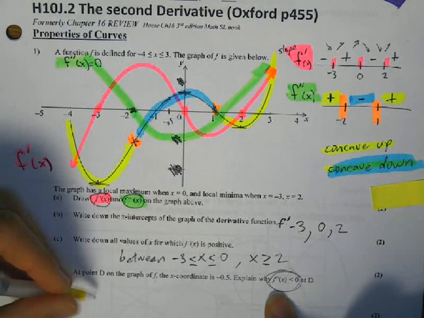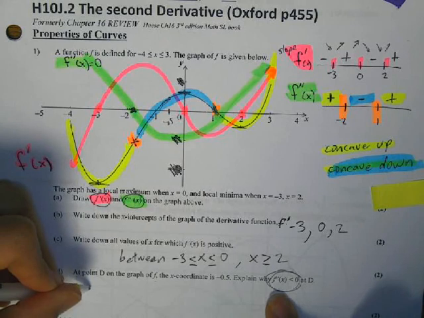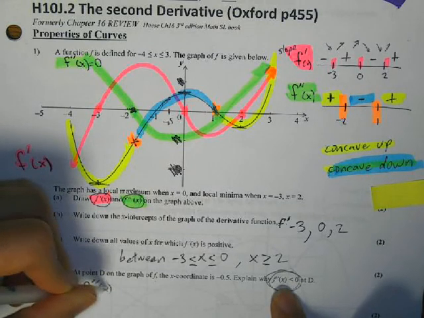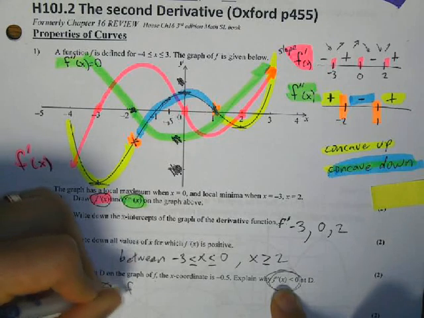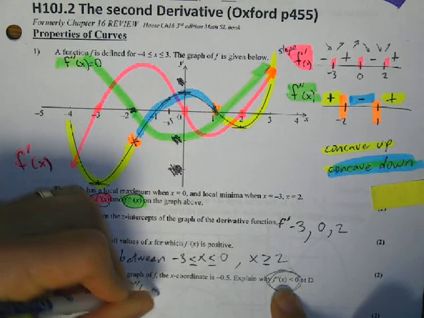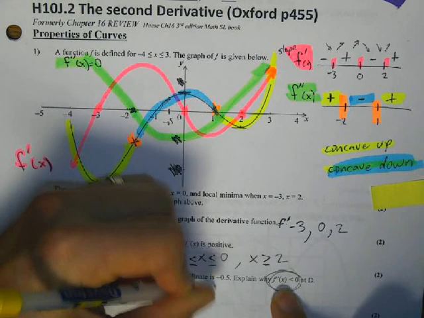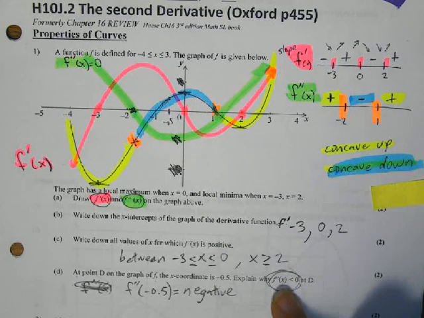So why is the second derivative less than 0? The second derivative at negative 0.5 is negative because it's concave down.